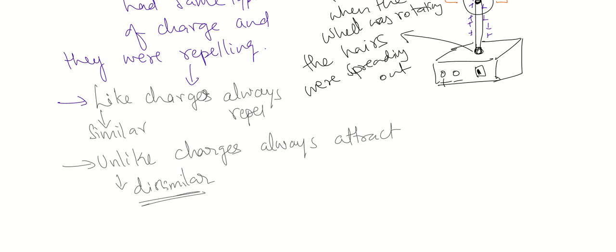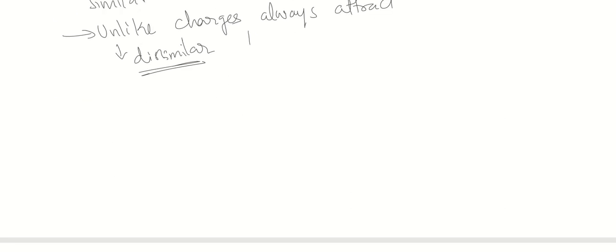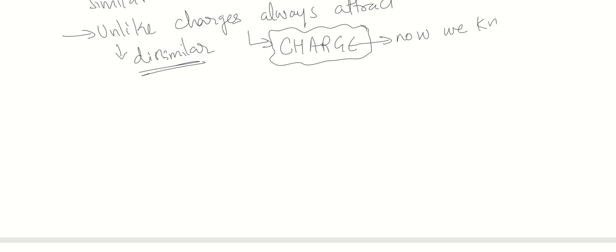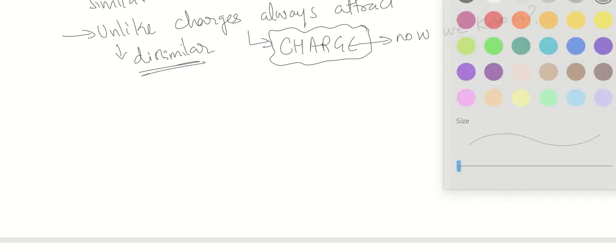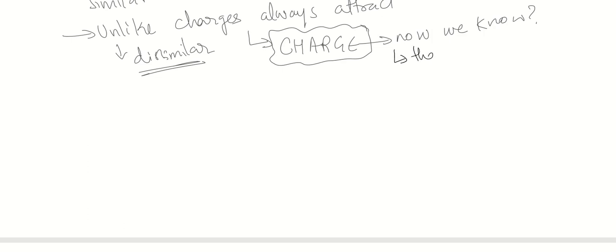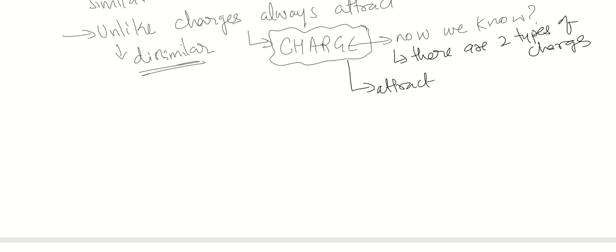So this was the basic idea that we observed, and we understood what exactly a charge is, because this is a very important term for us. So now we know that there are two types of charges, and they can either attract between unlike charges, or repel between like charges.